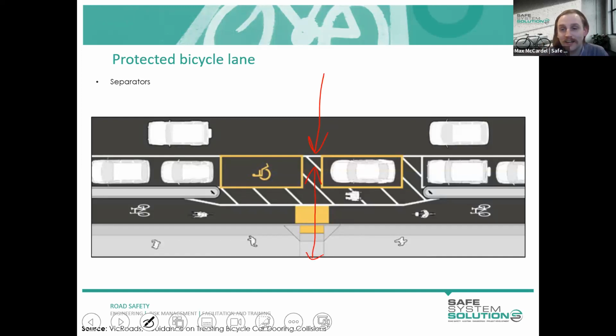So there's one location where we're going to provide access for those users. And you could put some colored pavement in there, or you could also do a little zebra crossing across the bicycle lane there, just to raise the awareness that there's people with mobility needs accessing this space. So definitely something to be cognizant of, and ensuring that you're maintaining that connectivity for them.